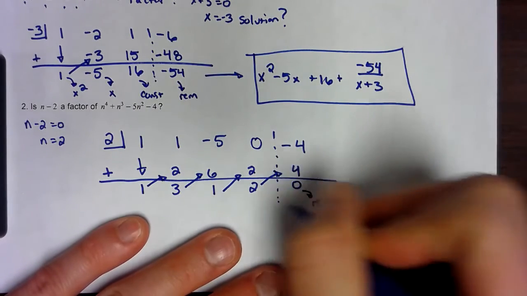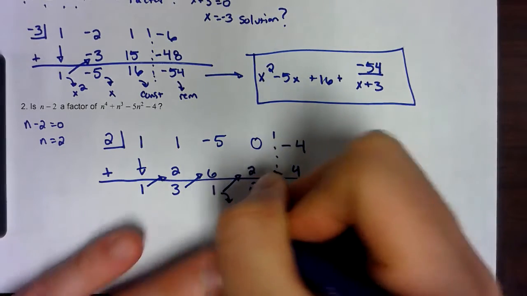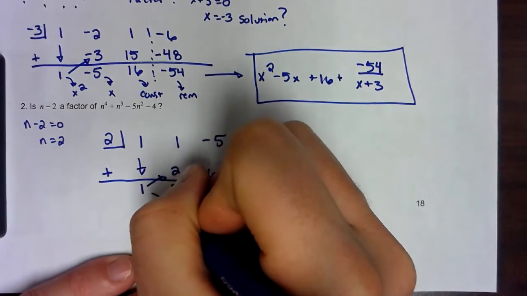Let's state what all these terms represent. It's our constant, our linear, our quadratic, and our cubic.